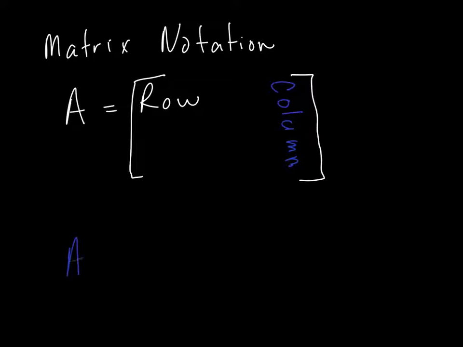A spot in the matrix is named by first whatever row it is in, followed by the column it is in.